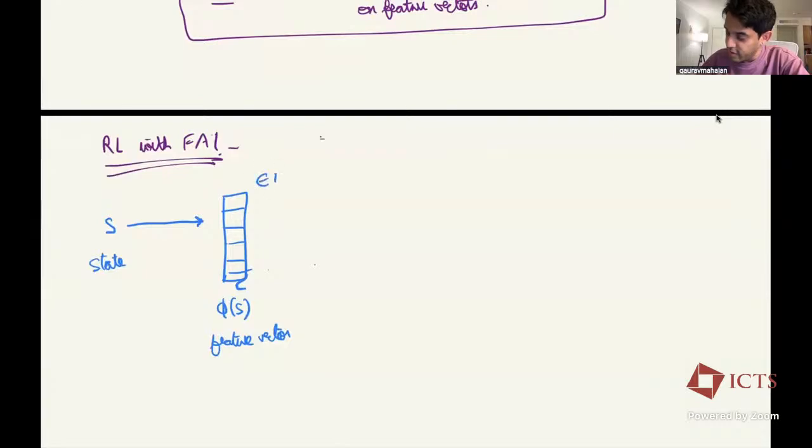Say these are in some R^D, and we want polynomial in D sample complexity. So what kind of assumptions can we make on it?